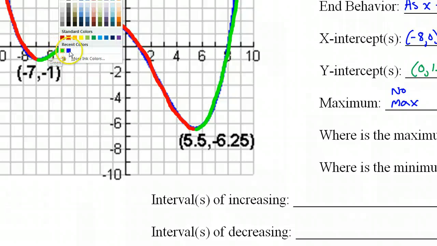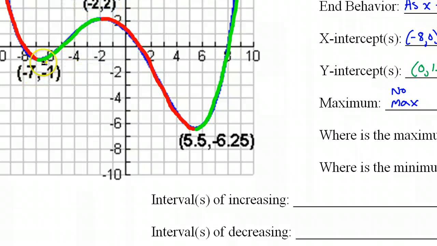Alright, so x value wise, this interval goes from here to here. So it goes from -7 to -2. From here to here is this first green interval. So -7 to -2. Only the x values.